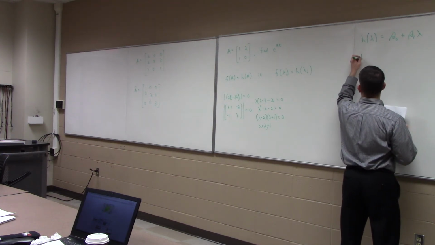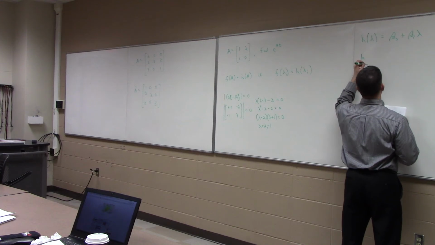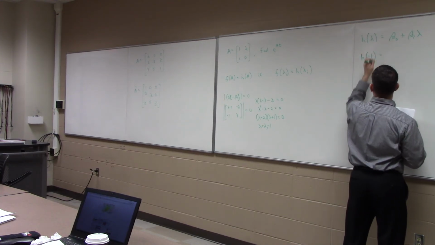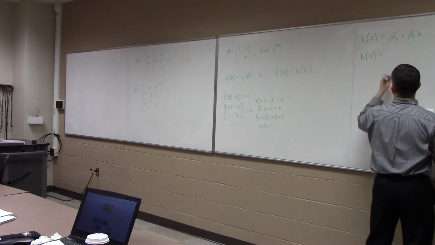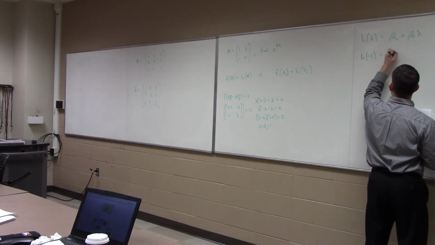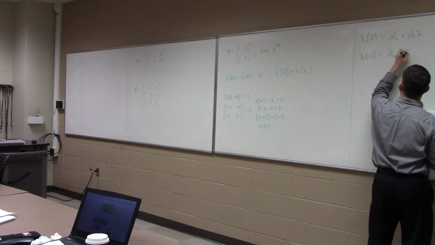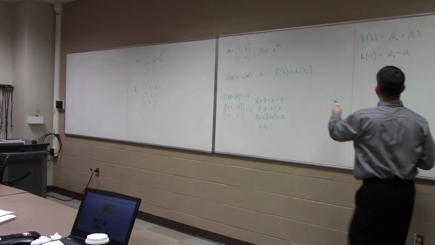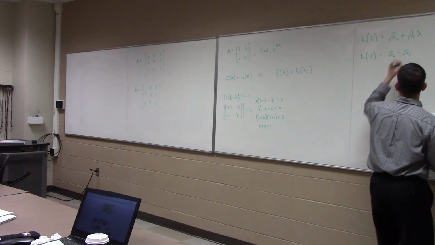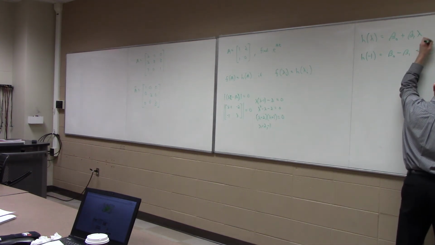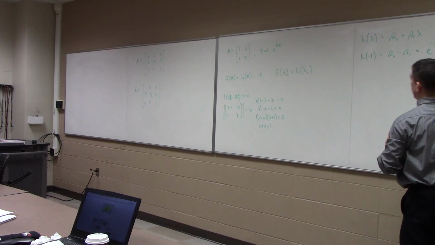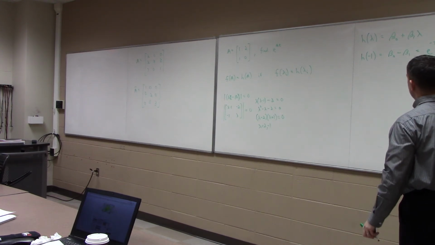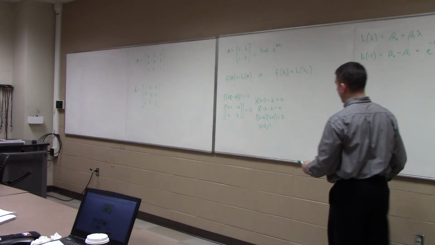So h of -1 is equal to beta 0 minus beta 1, and it's also equal to f of -1, which is going to be e to the -t. All right? It's 1, it's not, no, it's -1, it's positive 2.